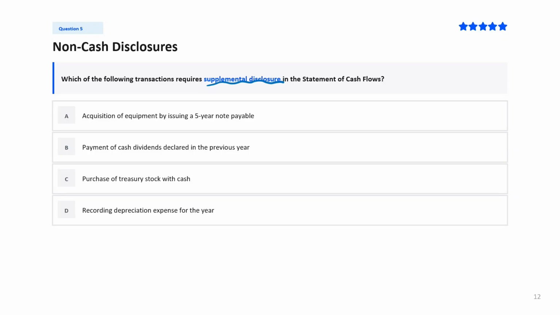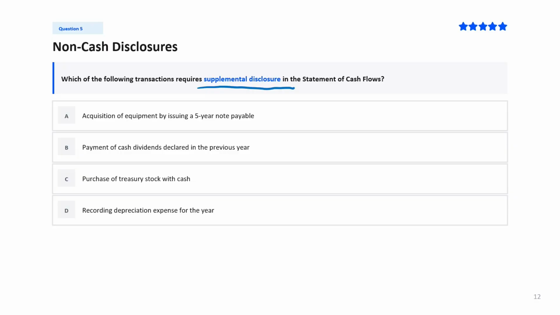What are the options here? Acquisition of equipment by issuing a 5-year note payable, payment of cash dividends declared in a previous year, purchase of treasury stock with cash, and recording a depreciation expense for the year.